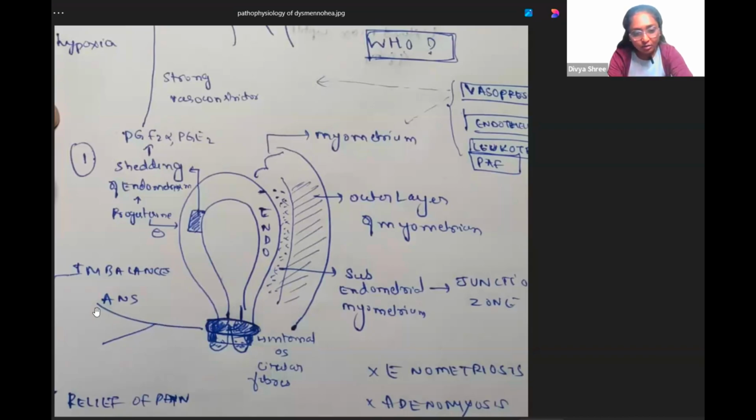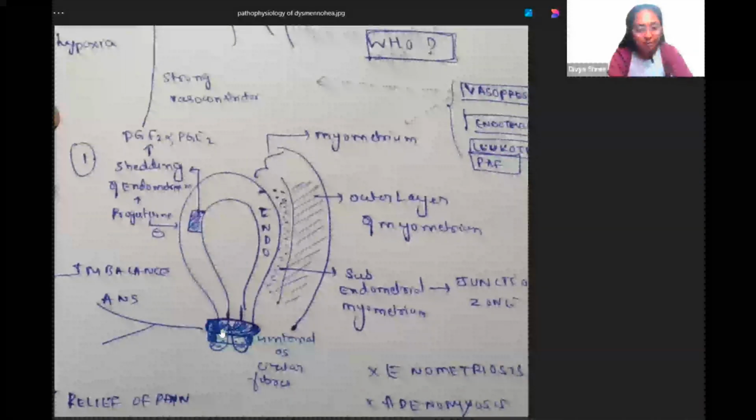The autonomic nervous system supplies these circular muscle fibers, and there is an imbalance in the autonomic nervous system so that they contract more than required. Thus, some people get relief from this pain following delivery, because the cervix is fully dilated and there is some destruction of the circular muscle fibers.